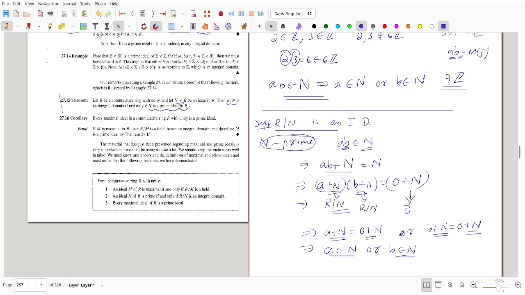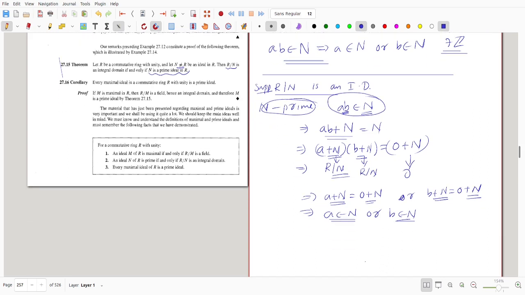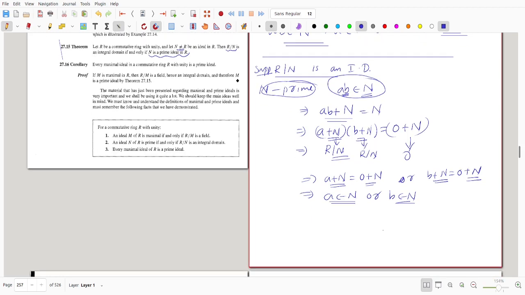Okay, so N is a prime ideal because if AB belongs to N, then one of them is also a member of N. So you should note this proof for Theorem 27.15. Conversely, I will prove the other implication. Suppose N is a prime ideal, you can easily prove that R by N is an integral domain.